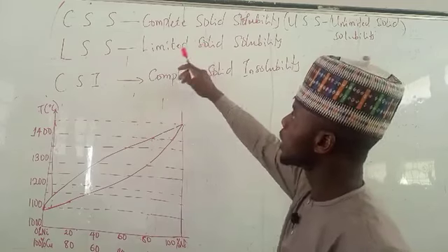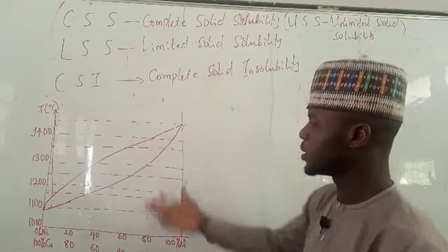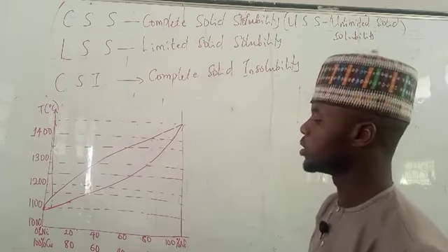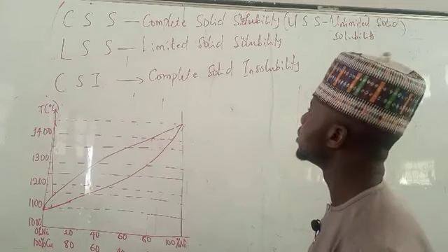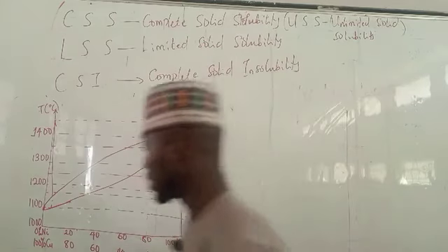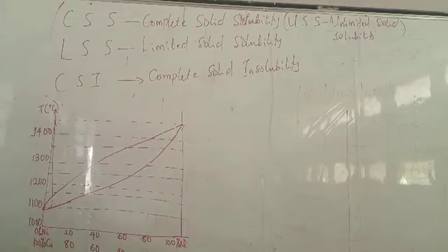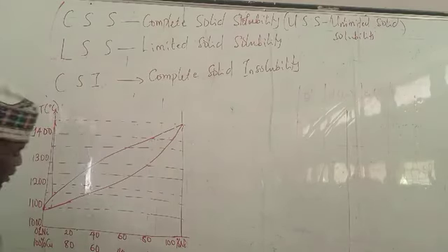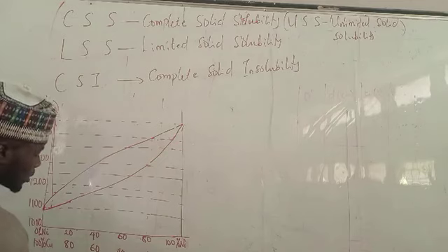The first one we'll be looking at is complete solid solubility. This is a typical example of a complete solid solubility curve. Let's say this is the y-axis, which represents the temperature axis, and the x-axis, which represents the composition axis.